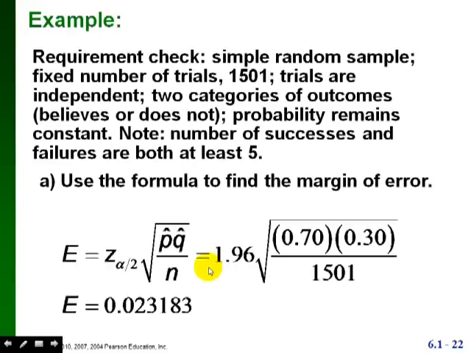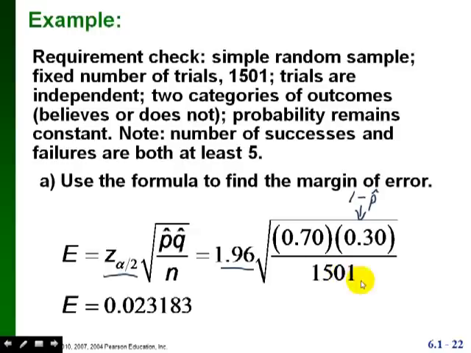So now we're going to use our formula to find the margin of error. And since this was a 95% confidence interval, we actually already found our critical value back in the example that we did. That was 1.96. And here we're putting in our sample proportion of 0.70, remember in decimal form. The q hat is 1 minus p hat, so that's where that came from.